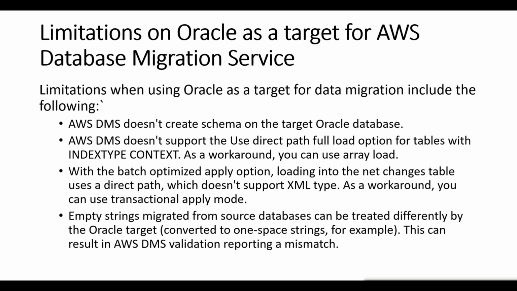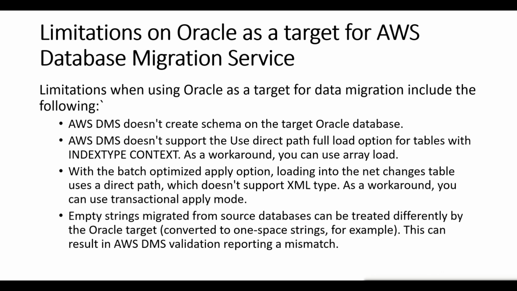When you are using Oracle as a target, AWS DMS does not create schema on the target Oracle database. It does not support the direct path full load option for tables with index type context, and as a workaround, you can use array load.